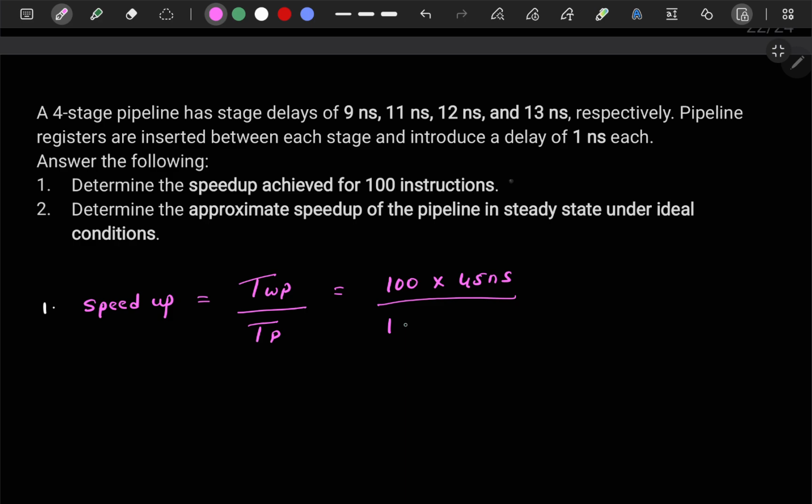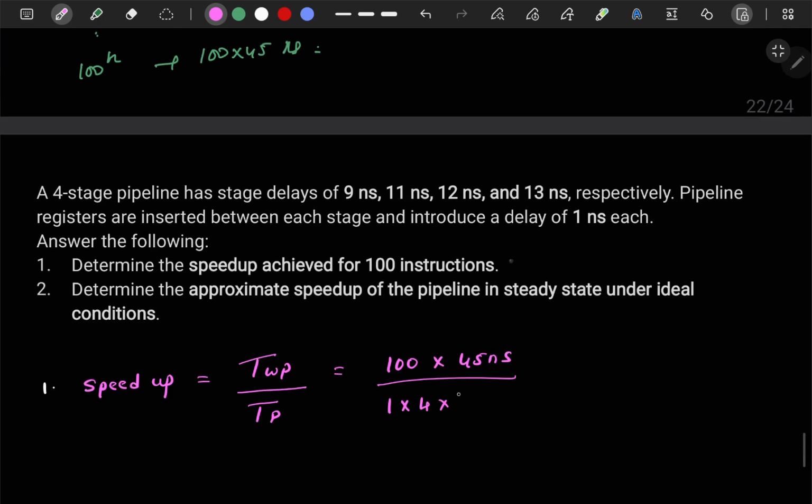The first instruction has to go through 4 phases, and each phase takes some time. For uneven delay that is 14 nanoseconds.